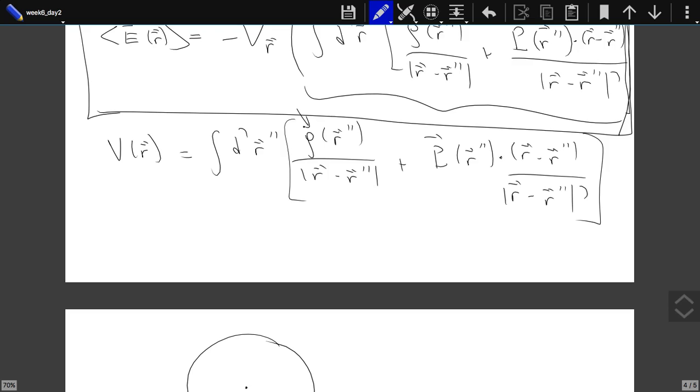Now, of course, this separation does create a local charge density, local fluctuations in the charge density, which we can make more explicit.